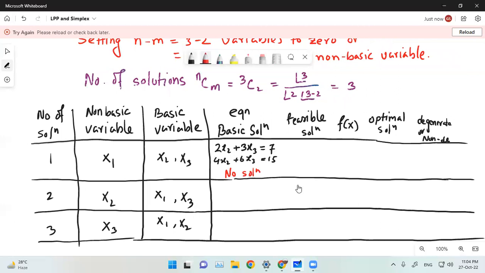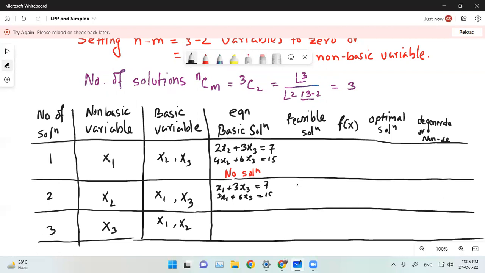Now the second case: x1 plus 3x3 equal to 7, and 3x1 plus 6x3 equal to 15.